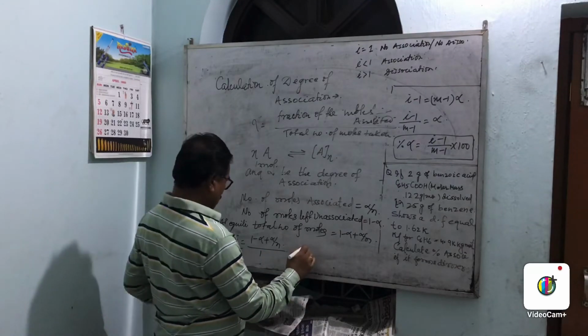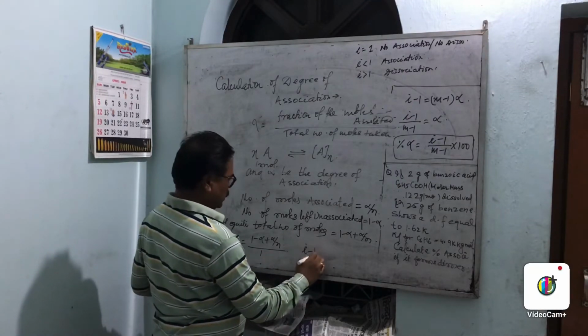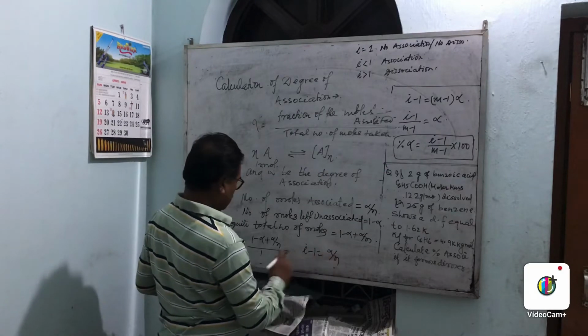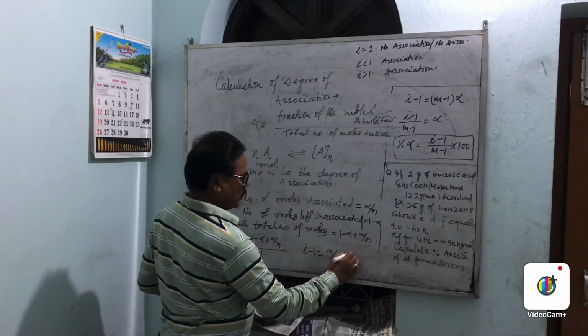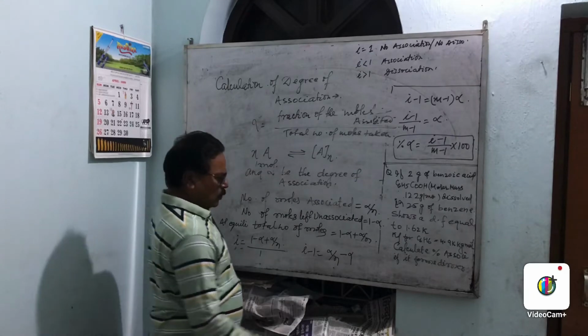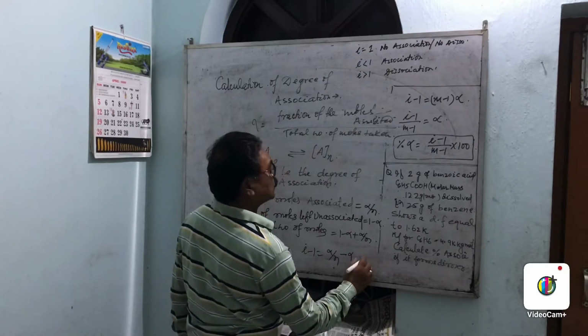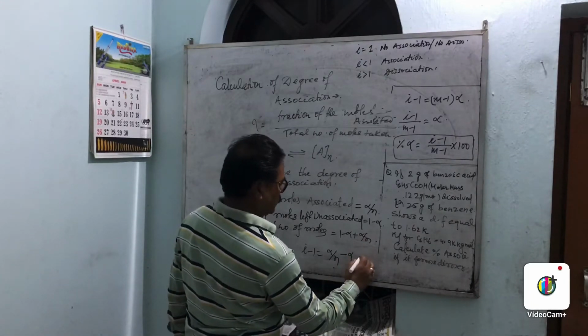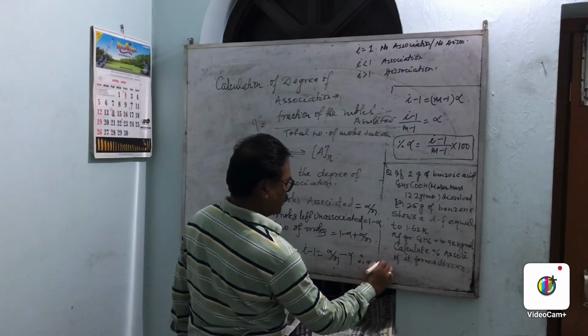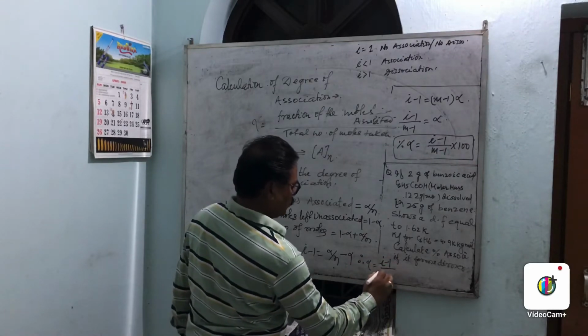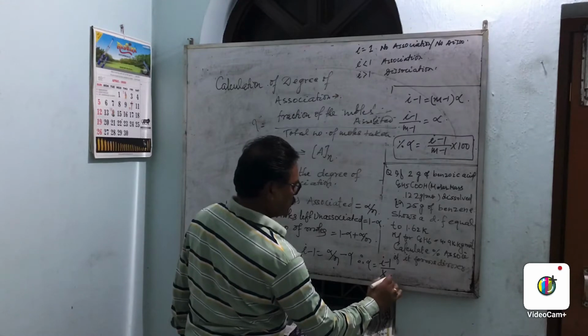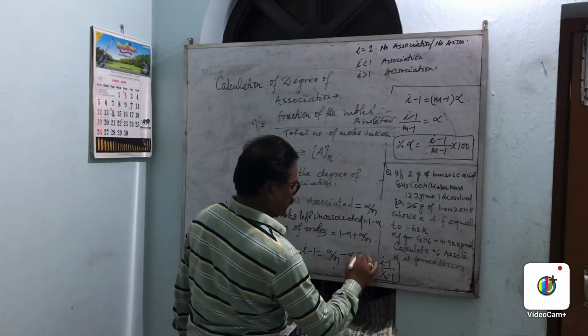So if we solve it, i minus 1 is equal to alpha by n minus alpha. Therefore alpha is equal to (i minus 1) by (1 by n minus 1). This is alpha.